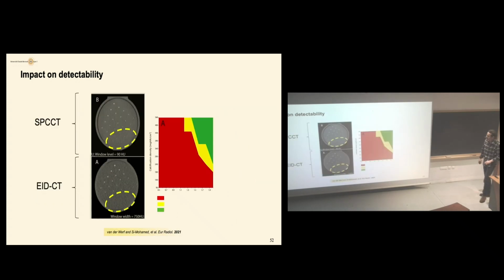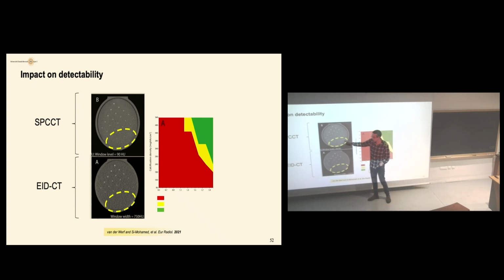Okay. Still on the impact on detectability, I want to highlight this. You see that this phantom is made of calcifications from large to small, from 1 millimeter to 0.5 millimeter. The difference is also the composition, from high concentration of hydroxyapatite to low concentration of hydroxyapatite.